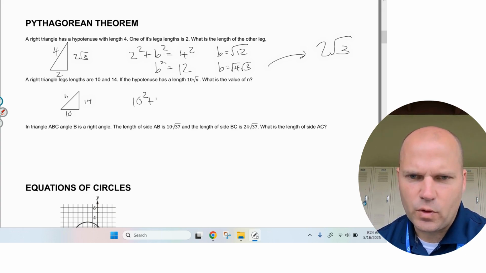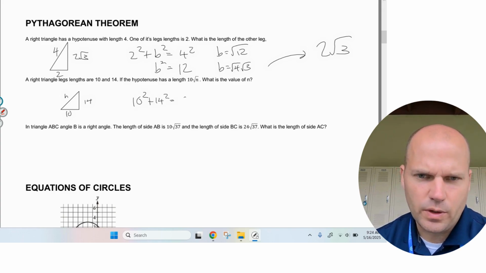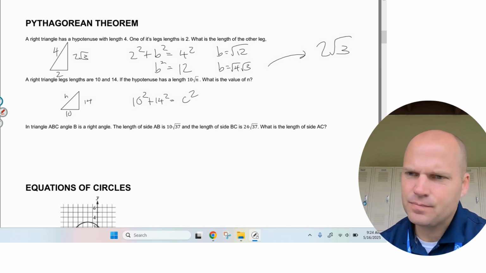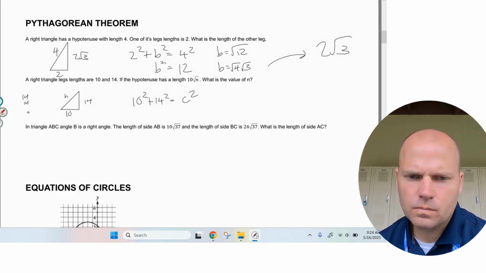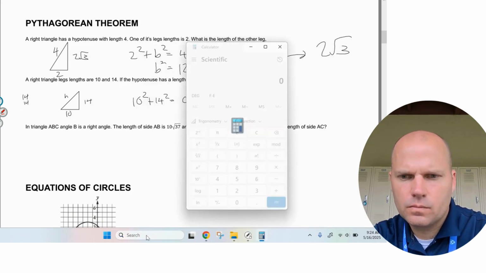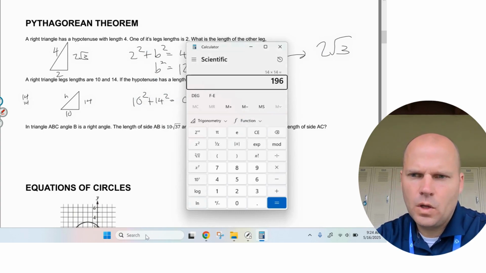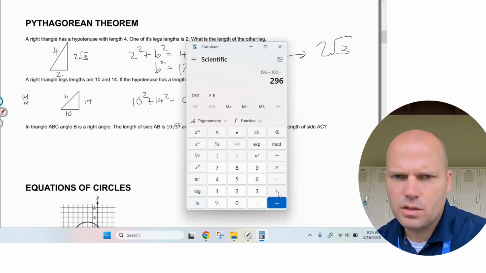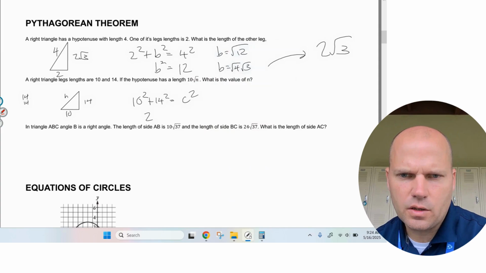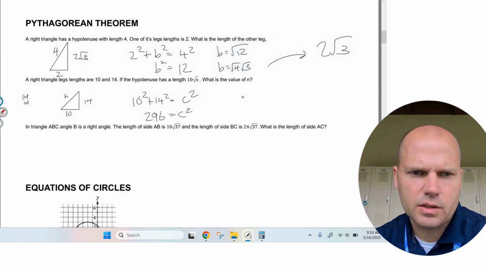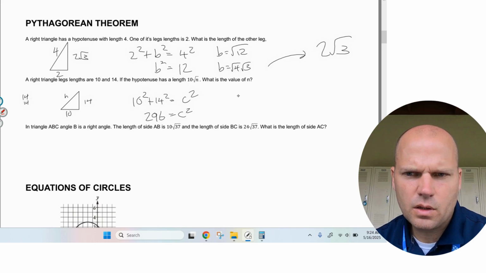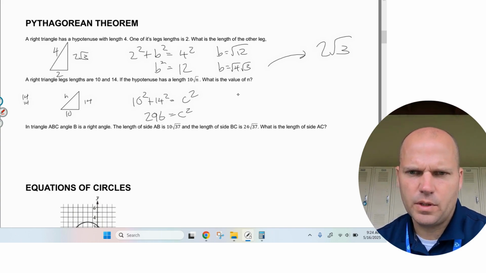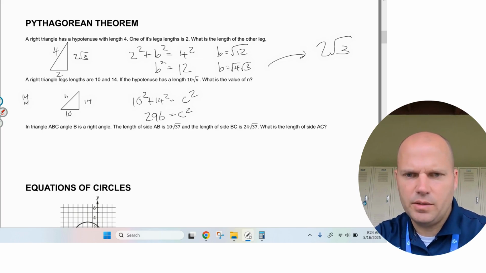Well, 10 squared plus 14 squared equals C squared. Simple calculator. 196 plus 100. 296. So I need to take the square root of 296. I don't know if that works out. Oh, it was plus 100. Never mind.